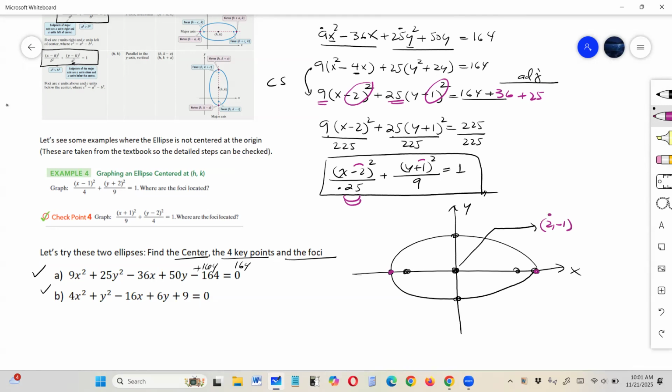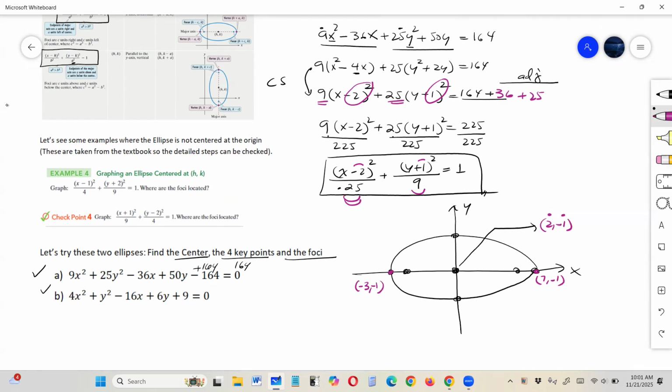So 5 to the right, 5 to the left. So this location here is 2 plus 5, 7, -1. And this location on the left is 2 minus 5, -1.